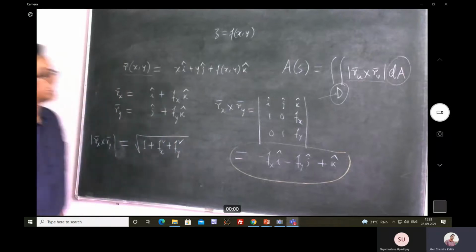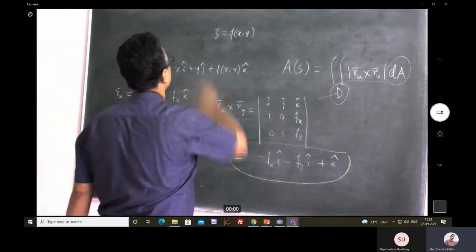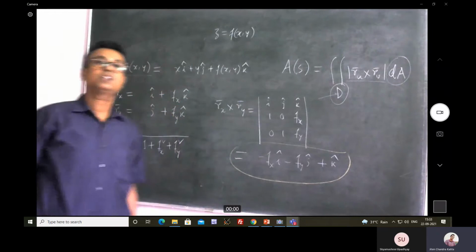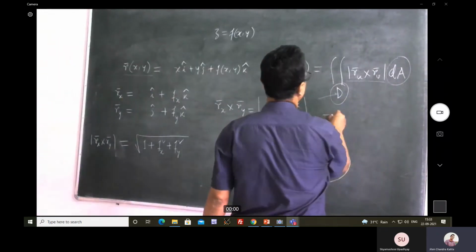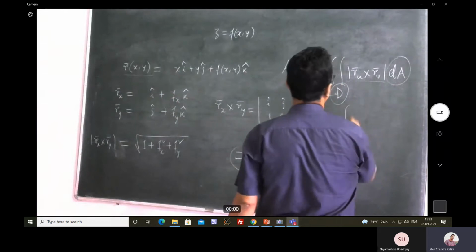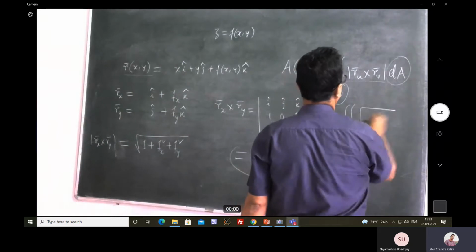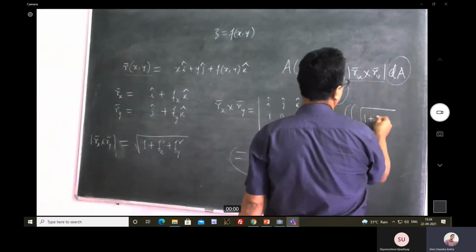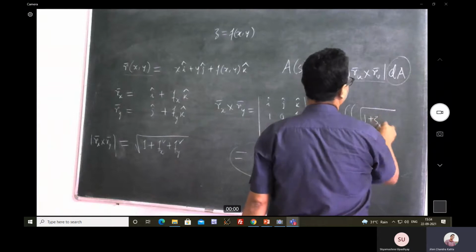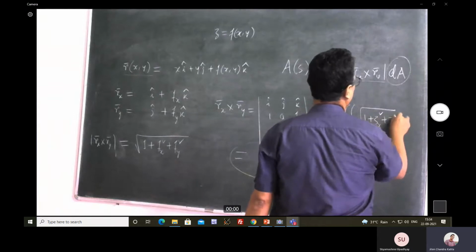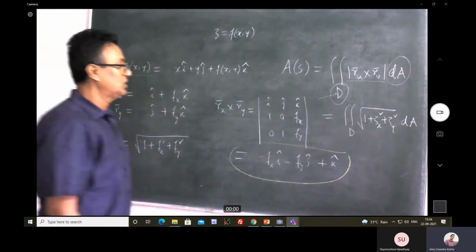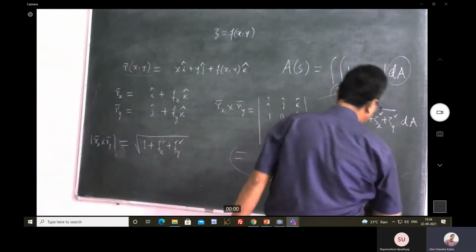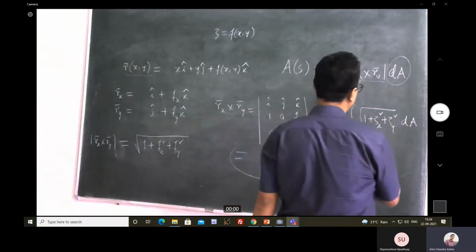That is why whenever you consider the surface to be the graph of a function of two variables, then this formula simply reduces to the double integral over D of the square root of 1 plus zx squared plus zy squared dA. That's it.